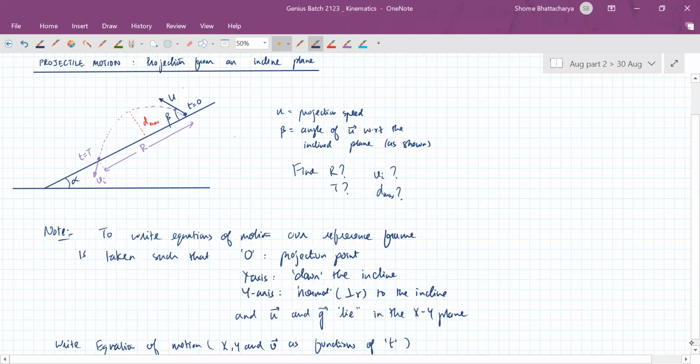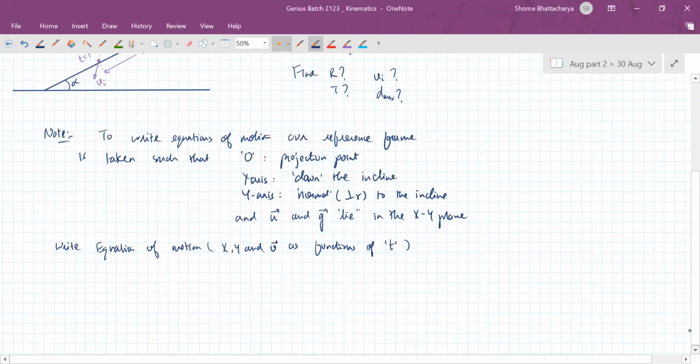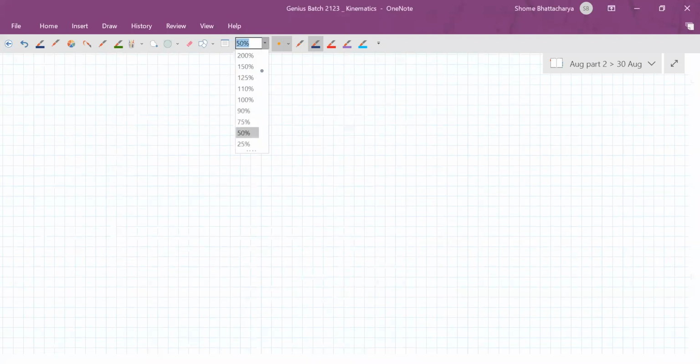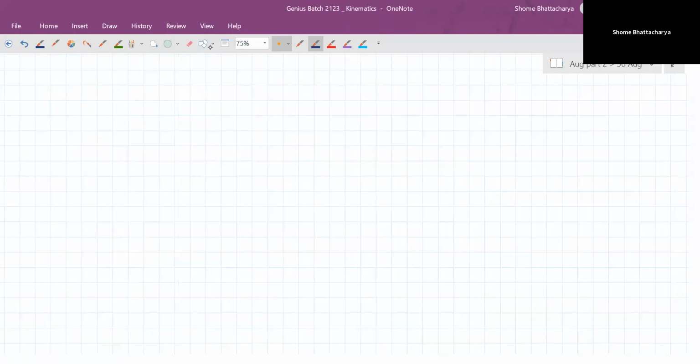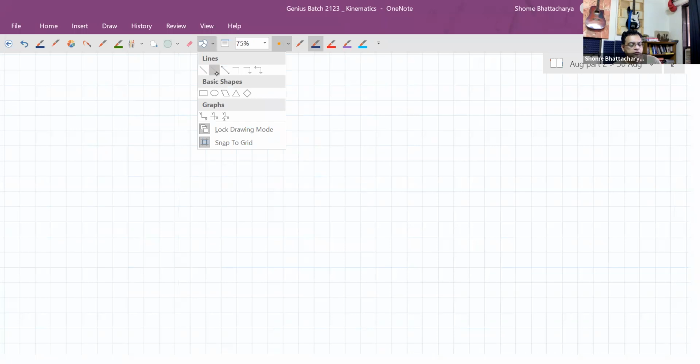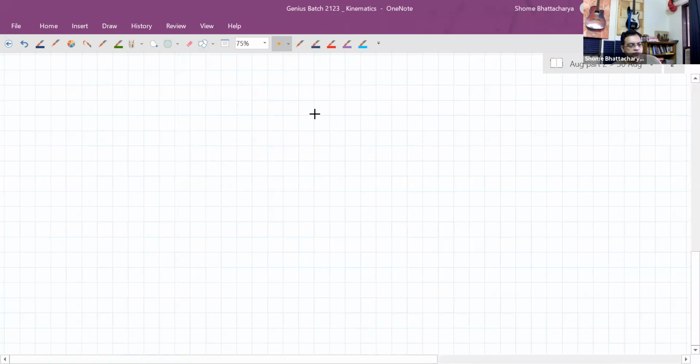Okay, so if you're writing the equations, just continue with that. I'm just making the diagram and setting up the equation part. So what we do now is we take our x-axis down the inclined plane.